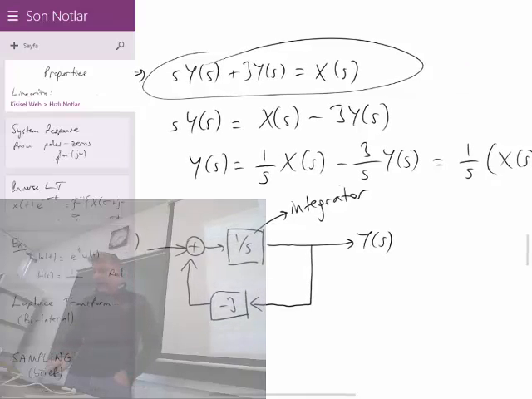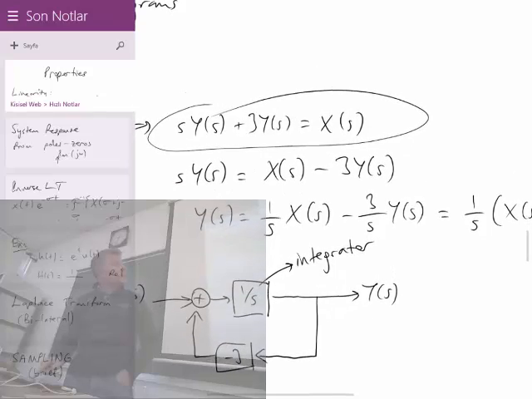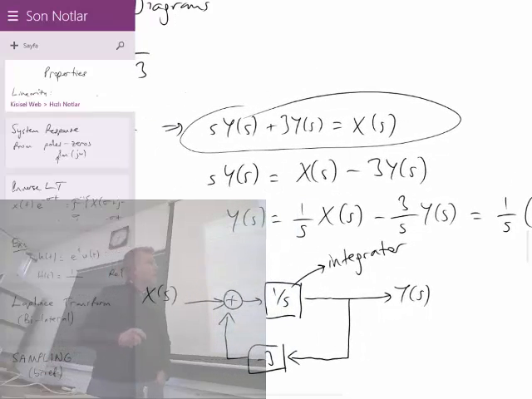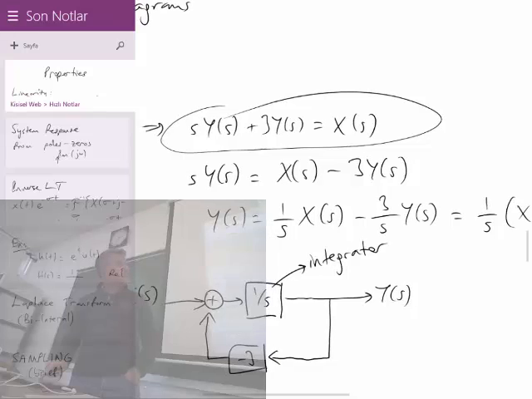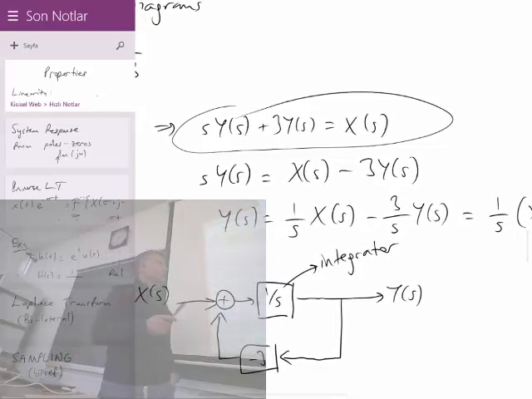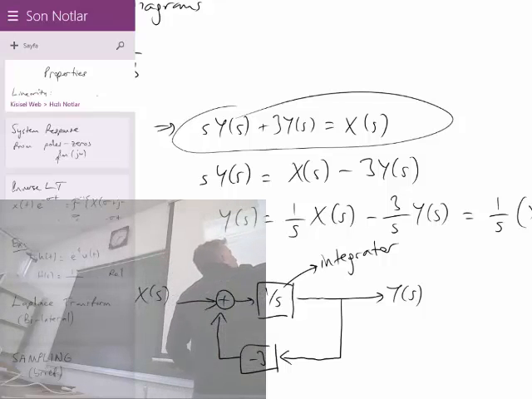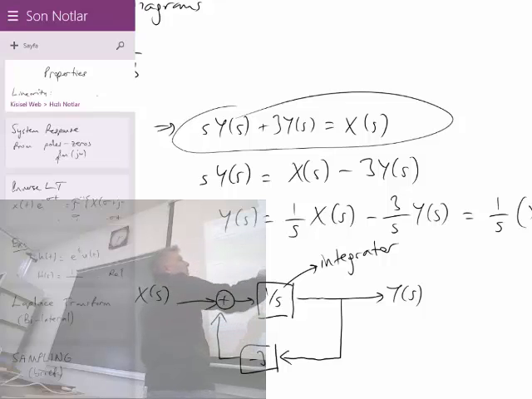Let's look at the input-output relation in the differential equation, the first differential equation. If the order of the output is greater than the order of the input, then we will always have integrators.